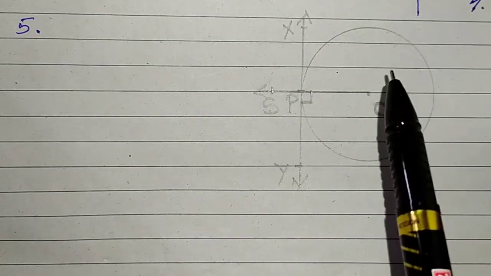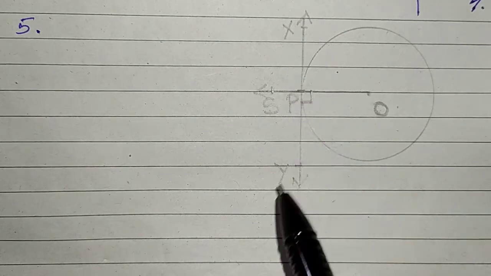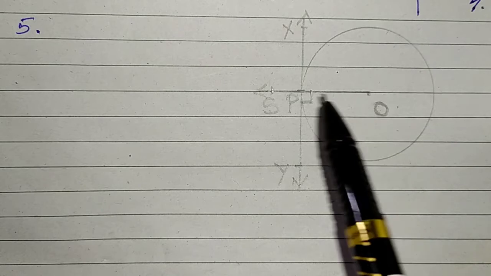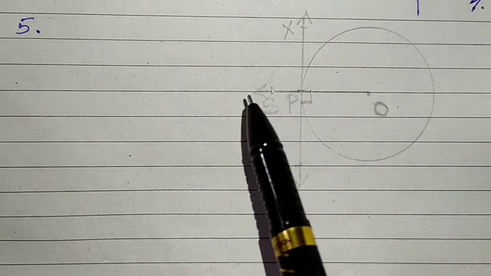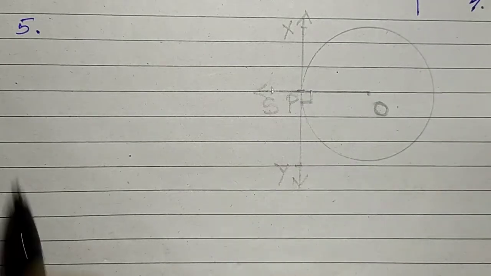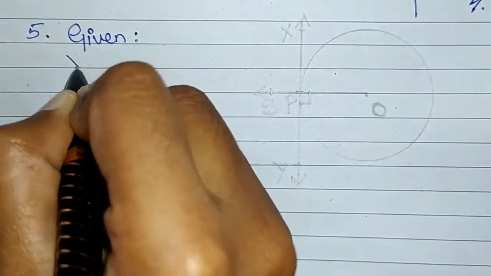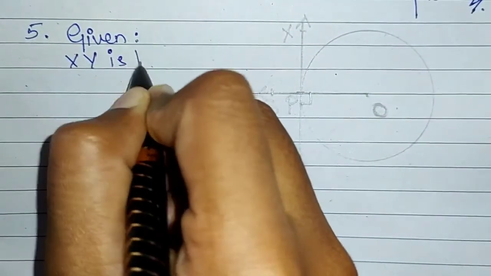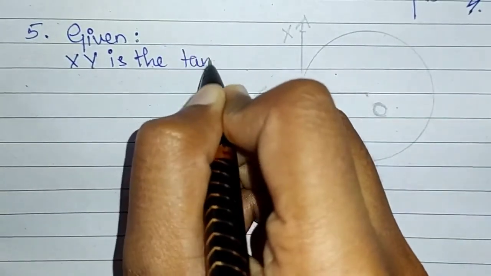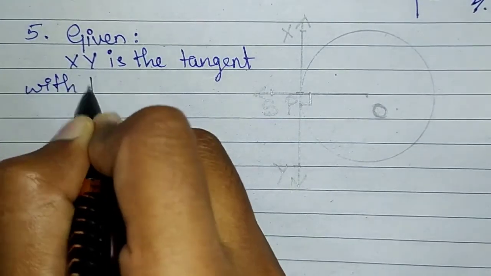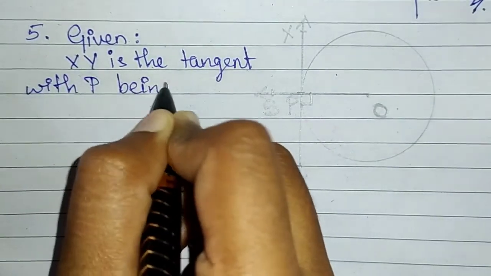Here we have our circle with center O and XY is the tangent and the point of contact is P. So OS is the perpendicular here to our tangent. So given: XY is the tangent with P being the point of contact.